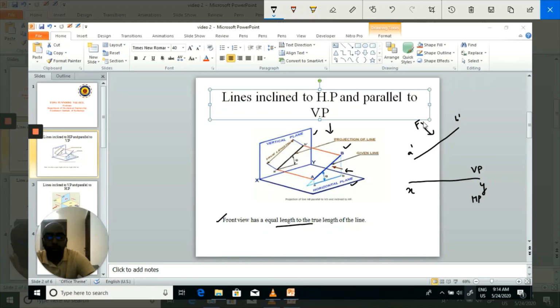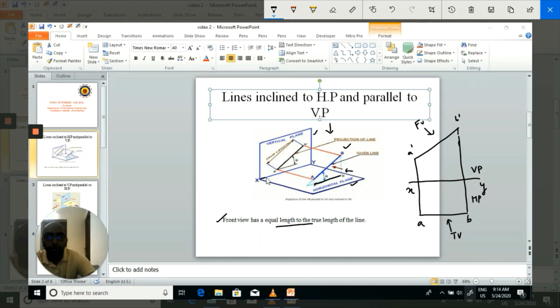Then if you draw the projections downward, this is your top view AB, which is parallel to the reference line XY.